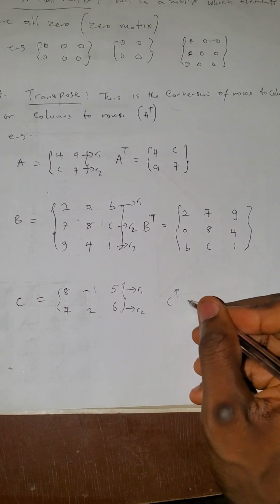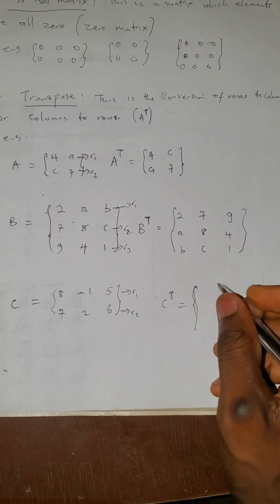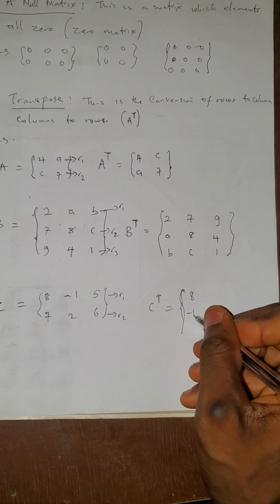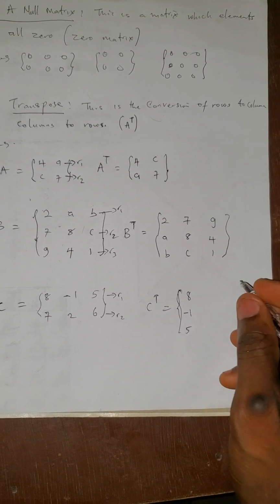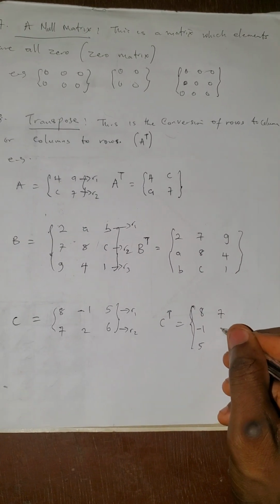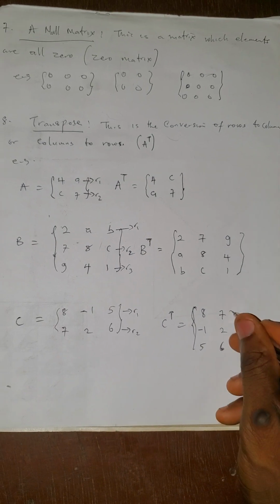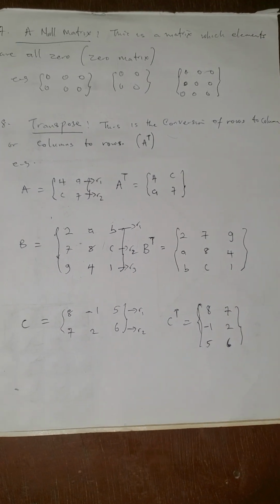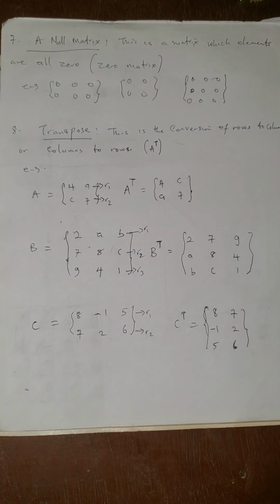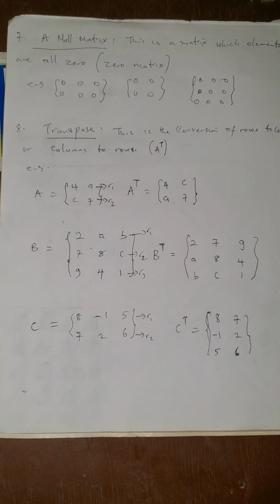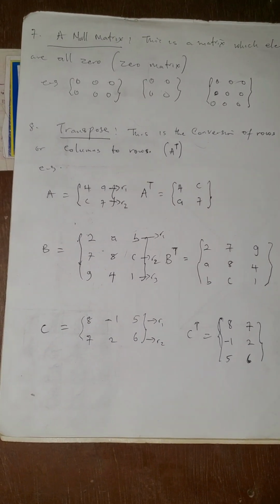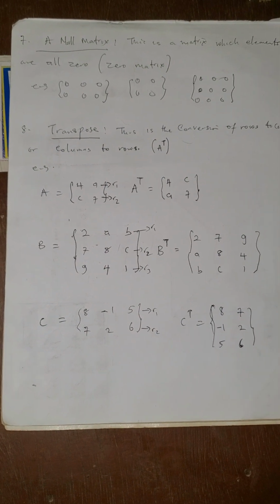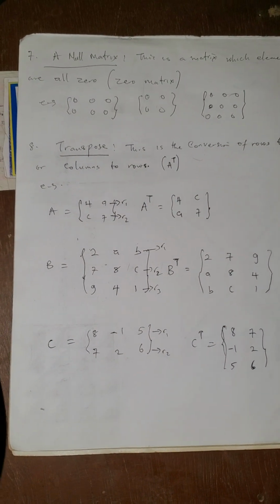So C transpose here will now be, the first row to column, that will be 8 minus 1, 5. The second one will now be 7 2 6. So this is the conversion of rows to columns, or conversion of columns to rows. So this is all about the transpose of a matrix.